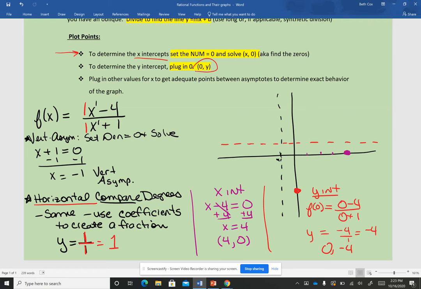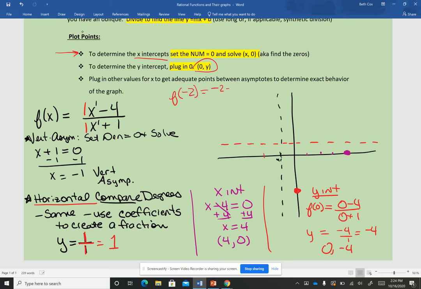So now, what does this thing look like? Well, we've got these boundary lines, and we might need to plug in some other values, because I'm really not sure. I can't pick out which one I think it might be. So I'm going to plug in one more point. Now notice that I think I might plug one in that's over on the other side. Let's plug in -2.